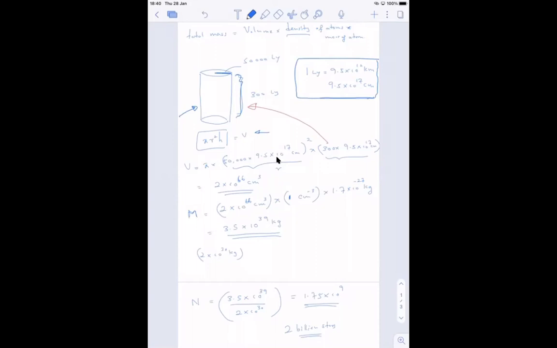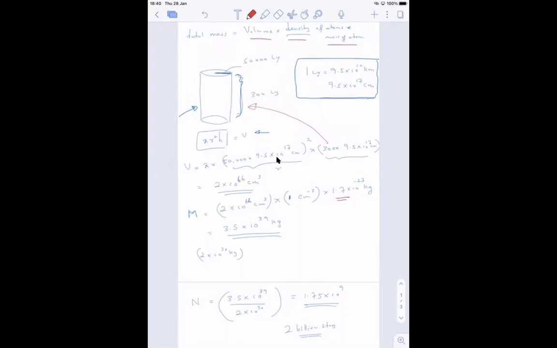Then you have to find the mass. So now you know the volume, which means you have this value right here. And then the density is given, that is 1. The mass of the atom is given, so that is this value right here.